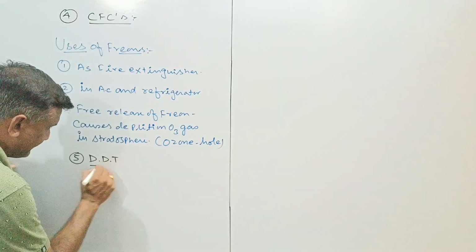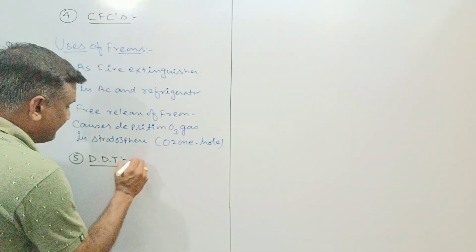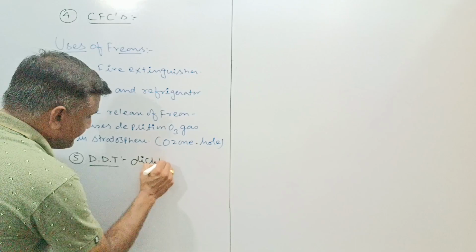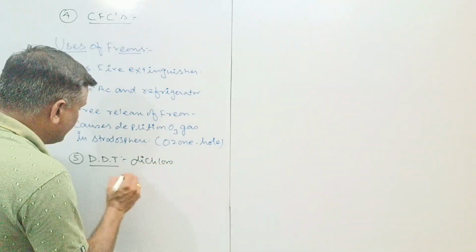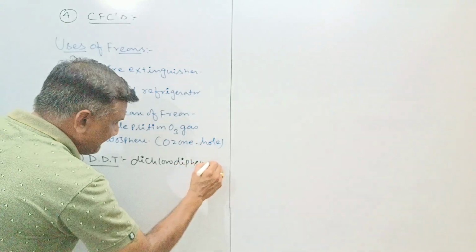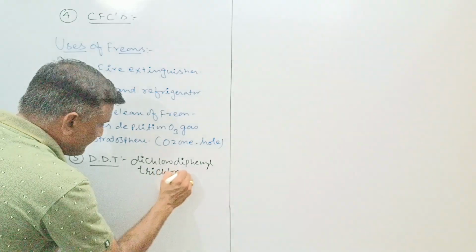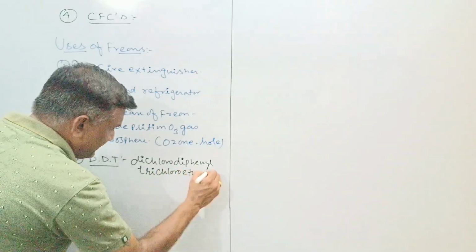If we go with the common name of DDT, then it will be dichloro. D means dichloro. Again D means diphenyl. T means trichloro ethane.